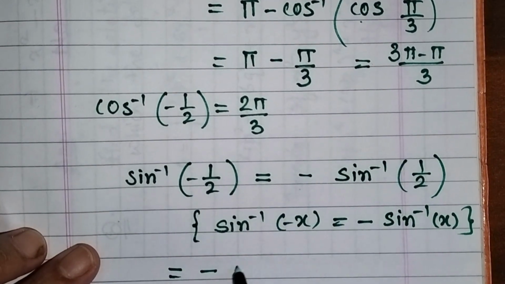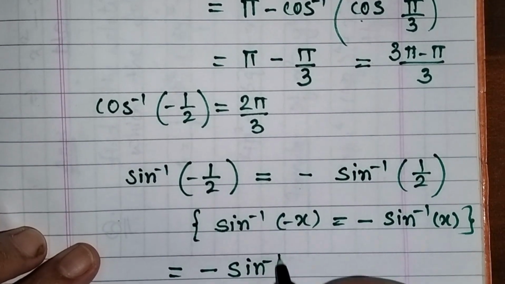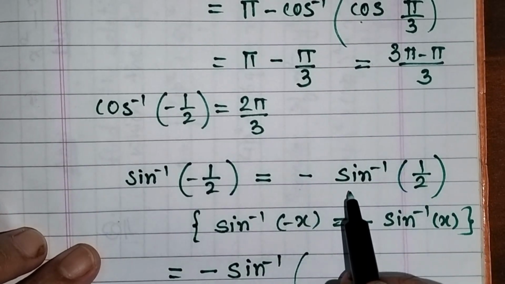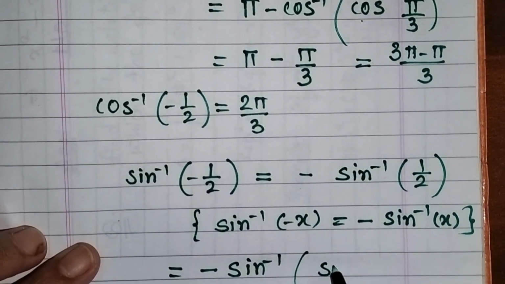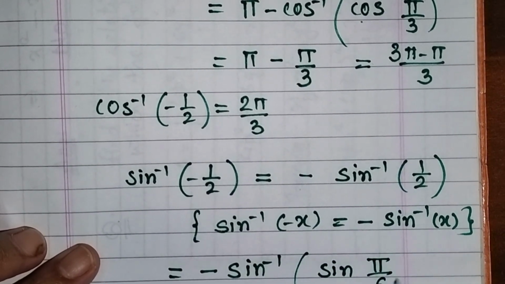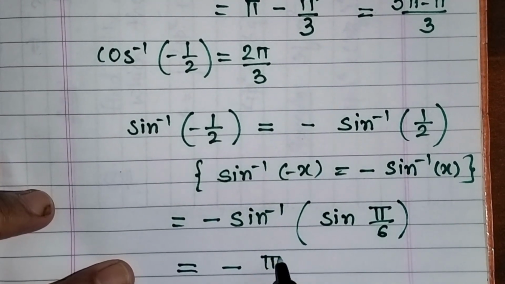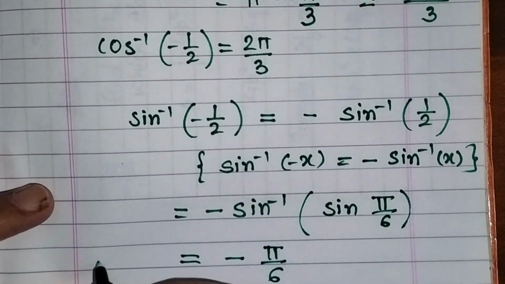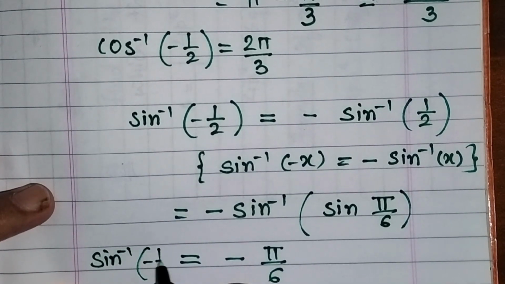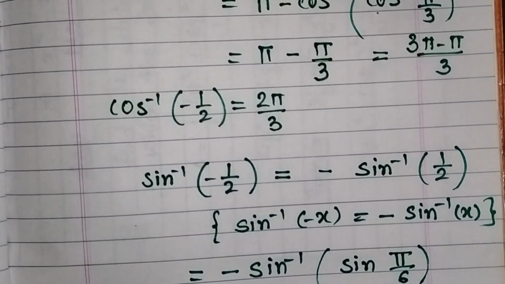The value of half in terms of sine is sine 30 degree, and 30 is pi by 6, so it is sine pi by 6. Again sine inverse and sine get cancelled, so you have pi by 6. So sine inverse of minus half is minus pi by 6.